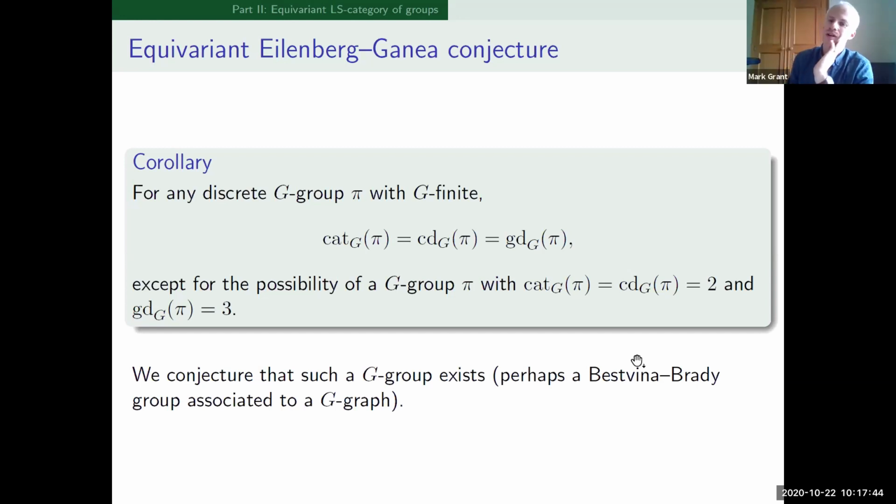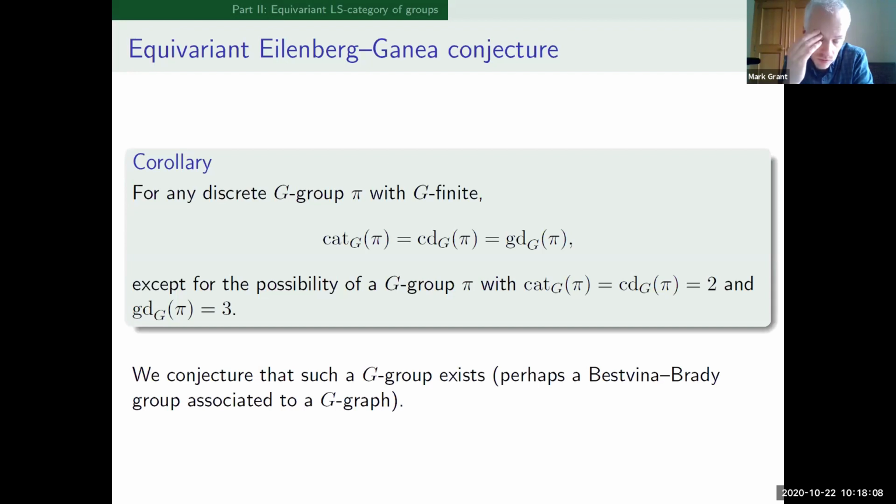Oh yes, well that's a very interesting question. So firstly, if you remove all the G's, you have the non-equivariant situation exactly. You have these equalities, and it's unknown whether there exists a group of cohomological dimension 2 and geometric dimension 3.